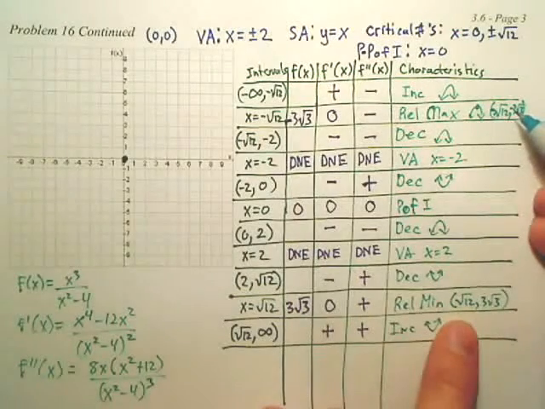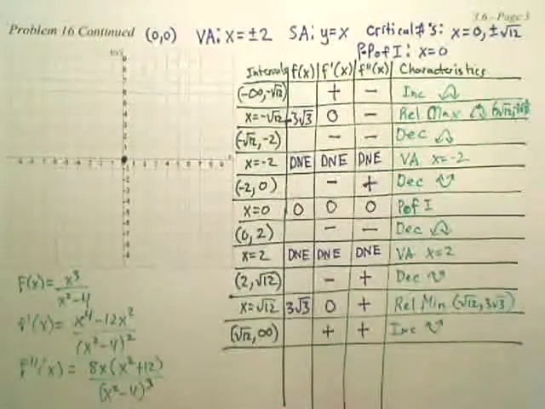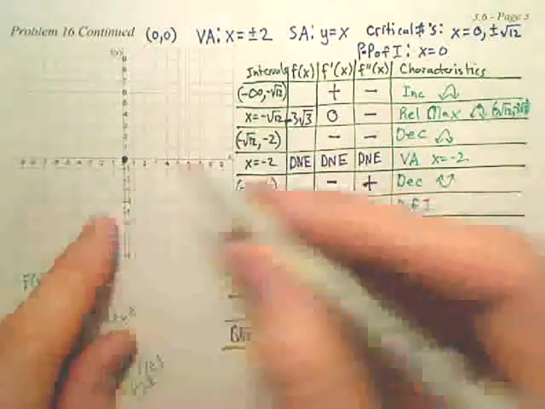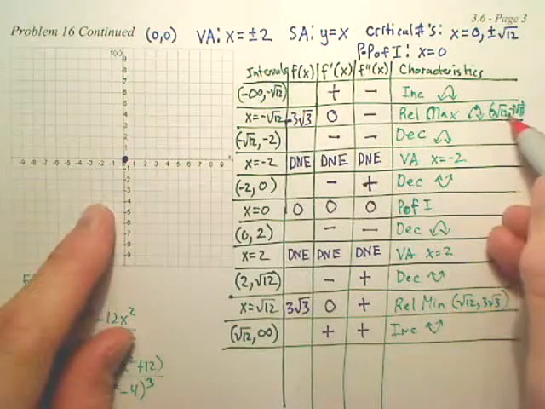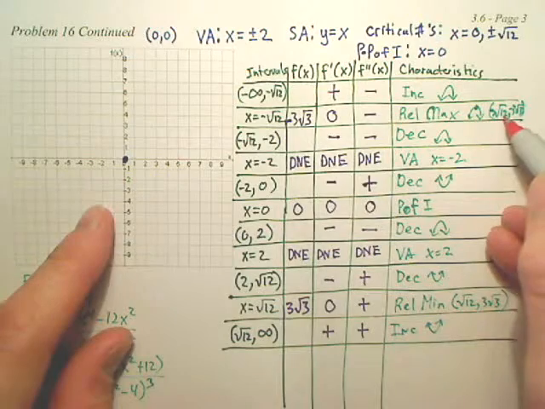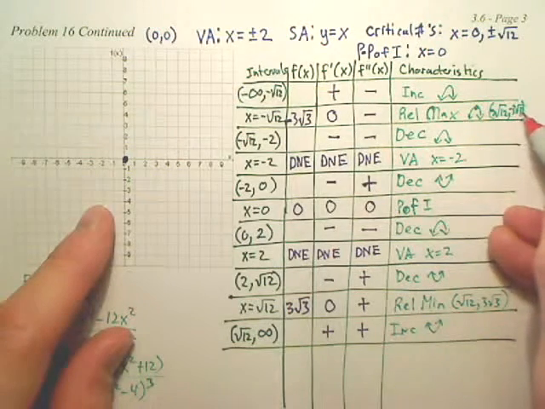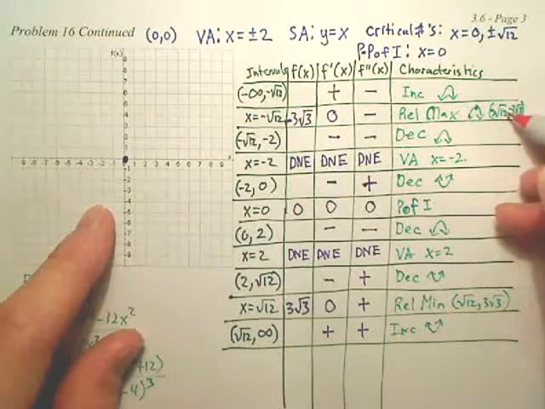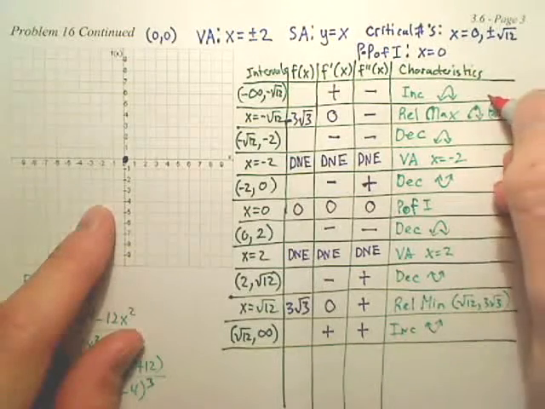Those are coordinates of them, which aren't pretty. Okay. Here we go. Let's put our points. We got 0, 0. Can we put this point right here? Negative square root 12, negative 3 square root 3. Which, isn't negative square root 12 somewhere around like negative what?